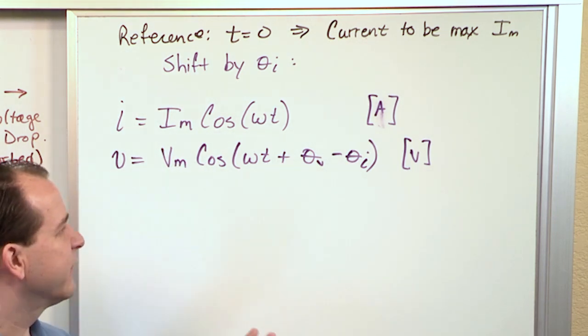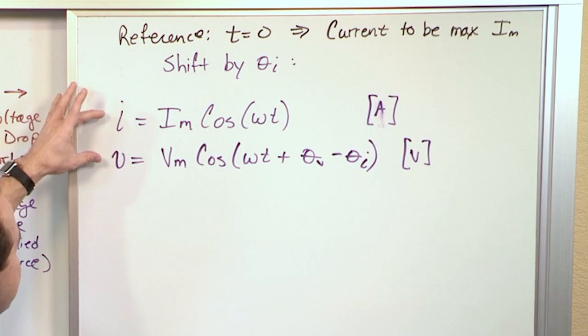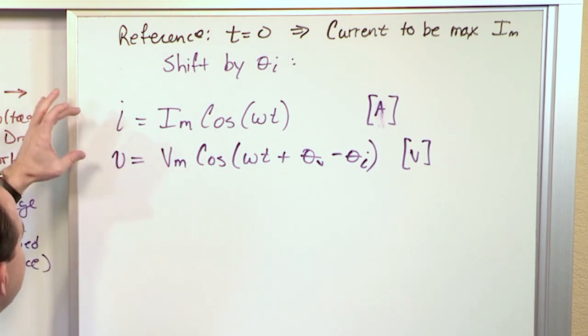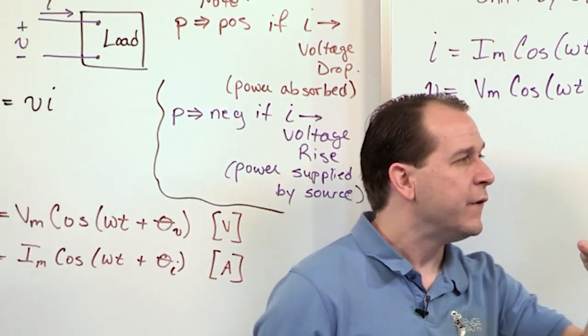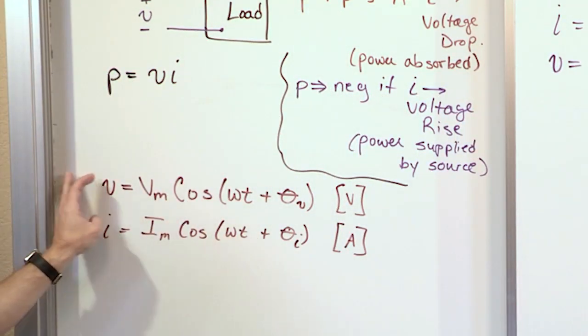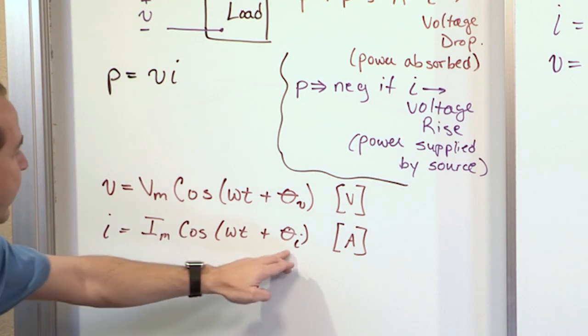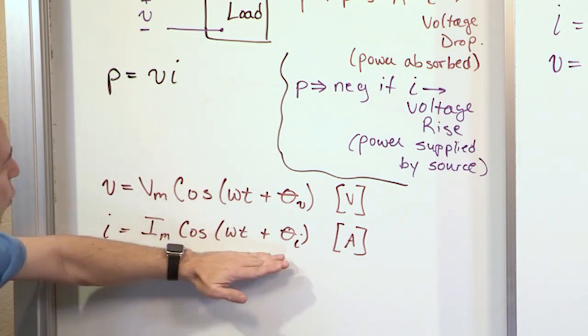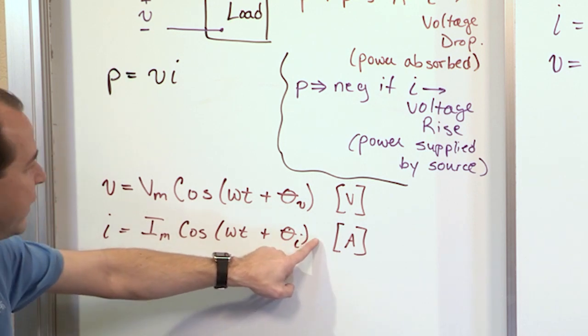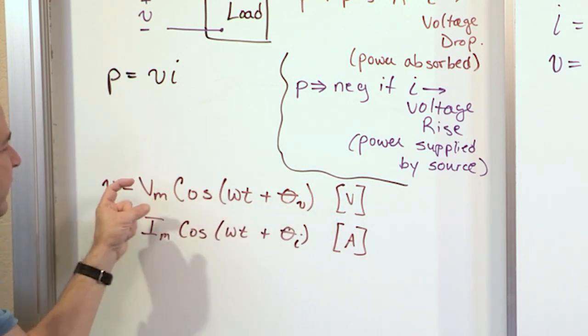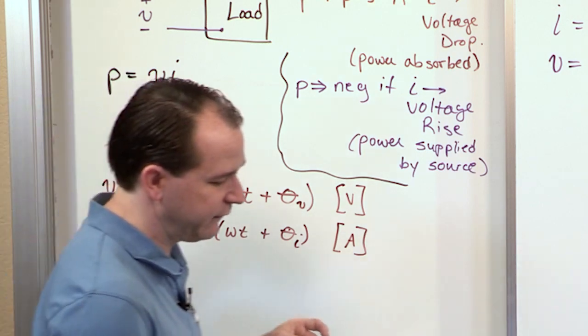So that's just a long story to say that whatever's in the box is going to govern the relative phase difference between current and voltage. So we start off with a general relation that says there's a phase angle here for voltage, and a phase angle here for current, but we don't want this phase angle here from a convention point of view. So we subtract theta I here, then we must also subtract it from here to maintain lockstep between those two things.